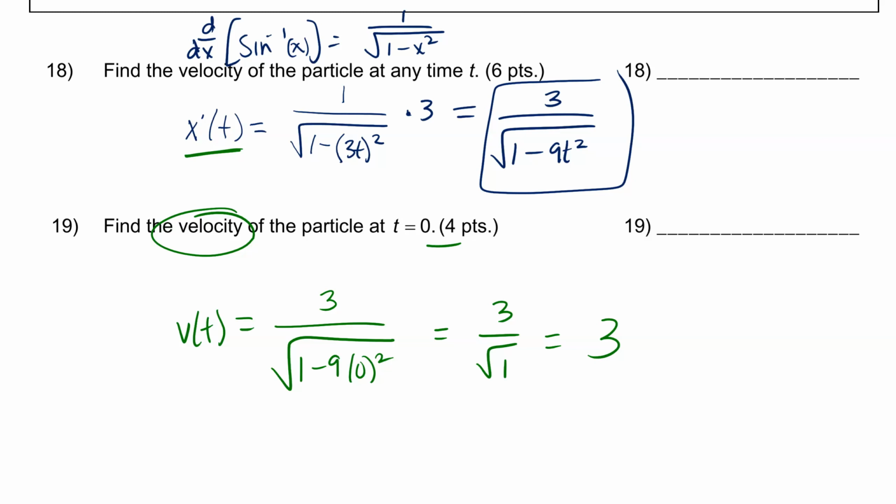Let's say it wasn't 0, and whatever you found in 18, if you plugged in 0 for time, would you still get the points? Yes, if you plugged into what you found on 18. Because 19 is testing whether you understand that I'm asking for velocity, aka the equation you just found. You plug in the value I want and get the answer. That's a carry-through error.